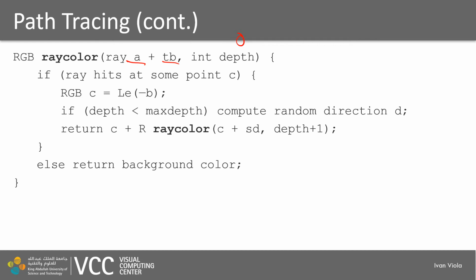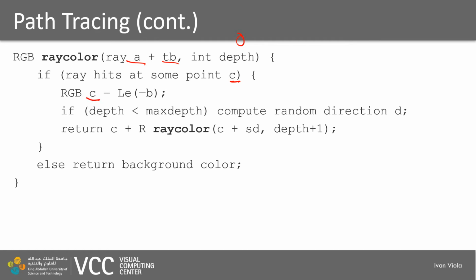And then along this ray, we will intersect a certain surface at the point C.